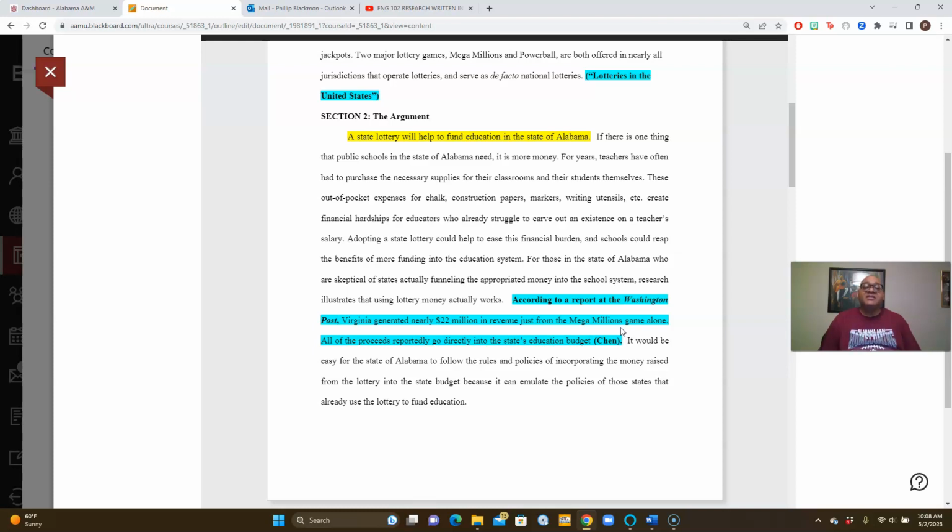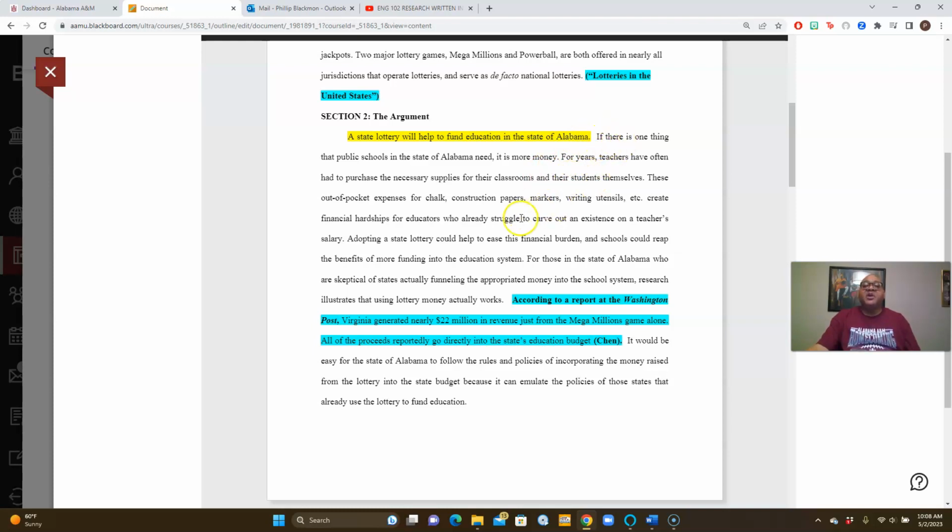So this is my argument. Everything here is argument. Alabama doesn't have a state lottery. I'm just arguing that it should, and I want to give valid reasons, right? So here is how I want you to develop your research. Remember what I also said, you can put your research anywhere in the paragraph. It doesn't have to be the second sentence, but the paragraph flows.